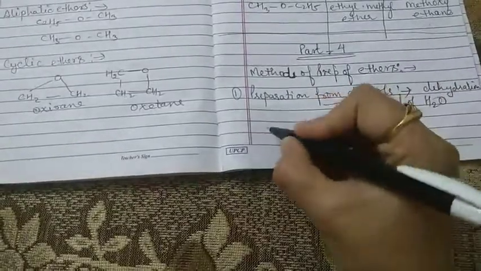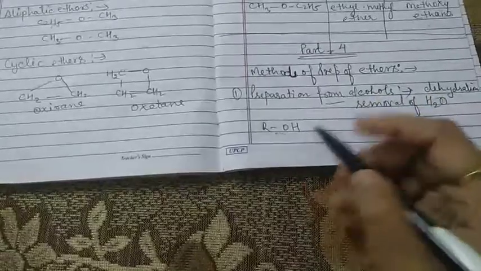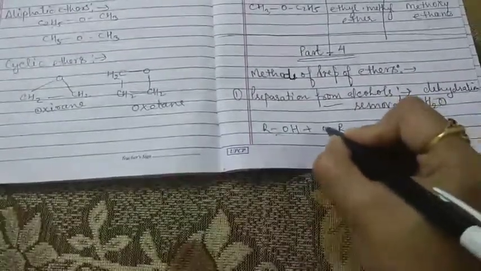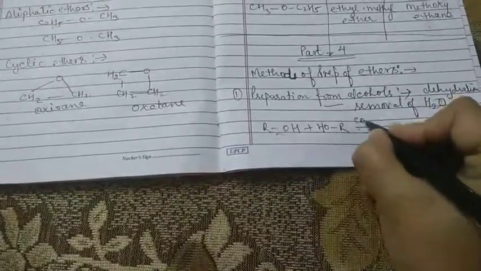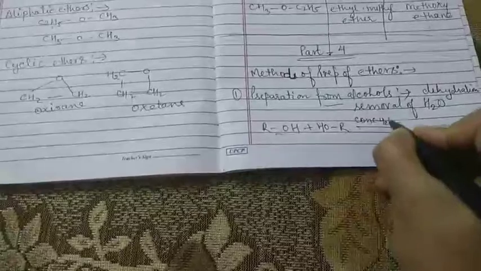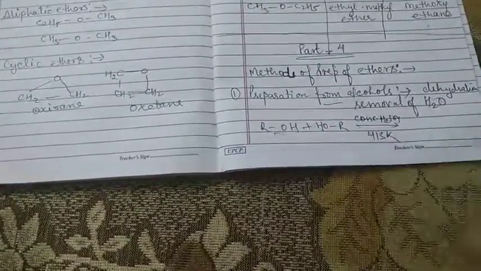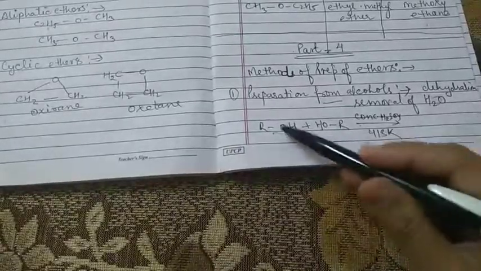Now for that, the reaction is, for example, we have alcohol, that is ROH. Here ROH represents the alcohol. Now in presence of concentrated H2SO4, and here the temperature is 413 Kelvin, dehydration of alcohol takes place.